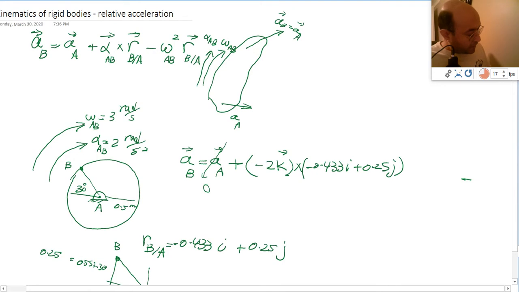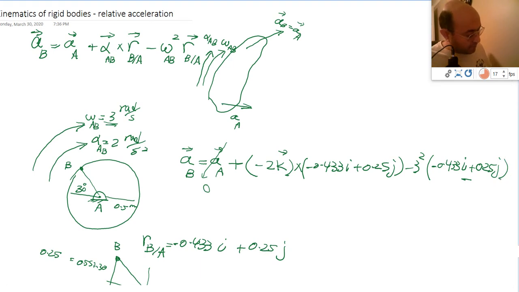The value for omega we found is 3. So 3 to the power of 2 will be 9. So it will be minus 3 to the power of 2 times the same thing we have here, minus 0.433 I plus 0.25 J. Now all I need to do is simplify this equation.